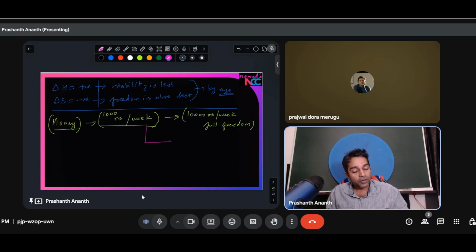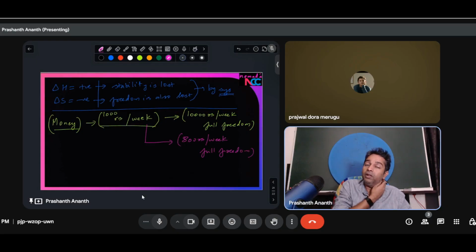Let us say they are offering, say, 800 rupees per week, but they are giving you full freedom. You don't need to inform them of anything anymore. This is something which you will think about. Not necessarily it's the best deal, not necessarily the worst deal. You might have to think about it.